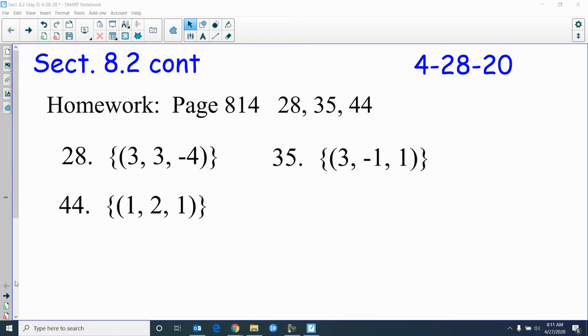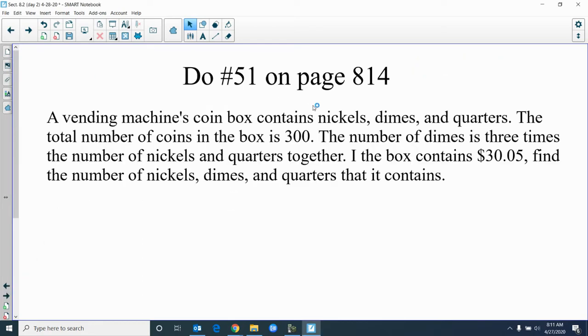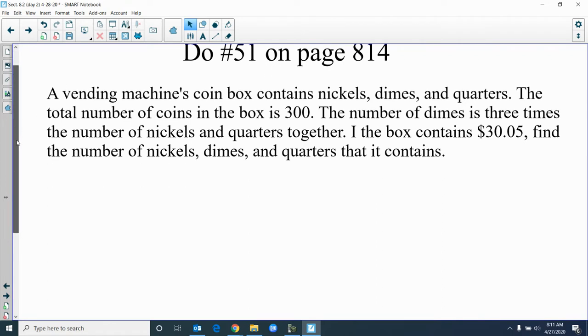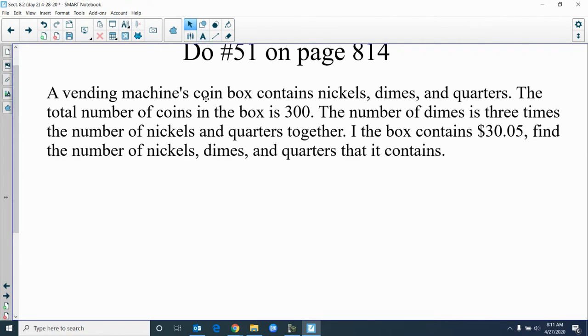All right, we did not do any word problems, so I do want to take a look at one here. This is number 51 on page 814. This is the actual problem. I've got it written out. You don't have to turn in your book, but just know that's where it is. The main thing is being able to set up the equation. It says a vending machine's coin box contains nickels, dimes, and quarters.